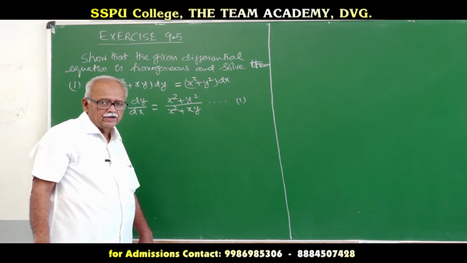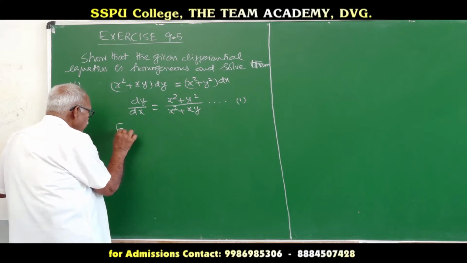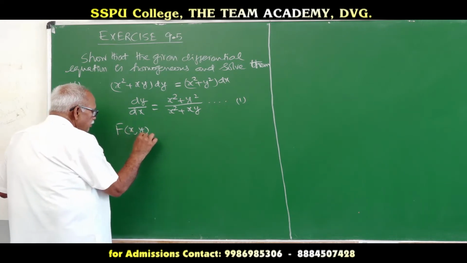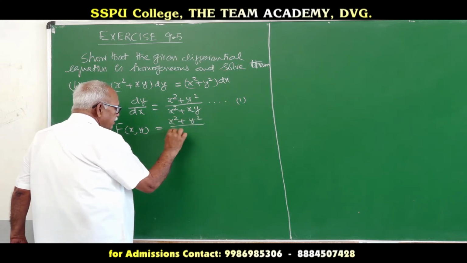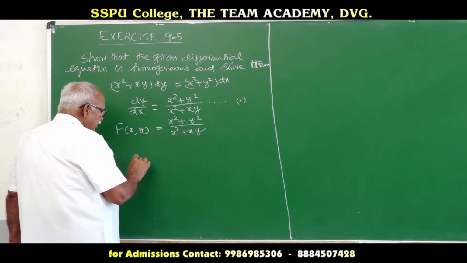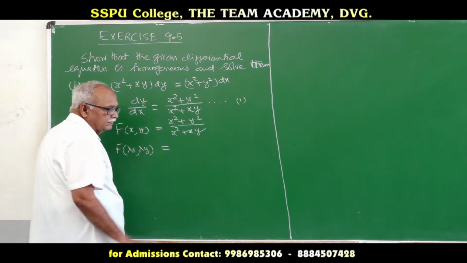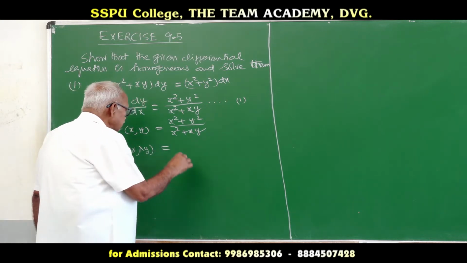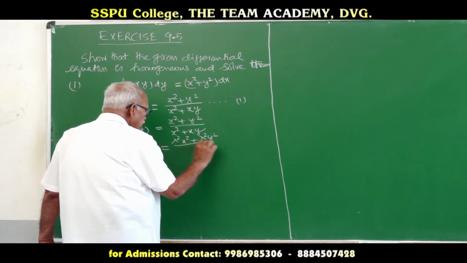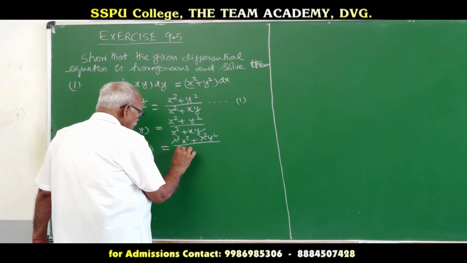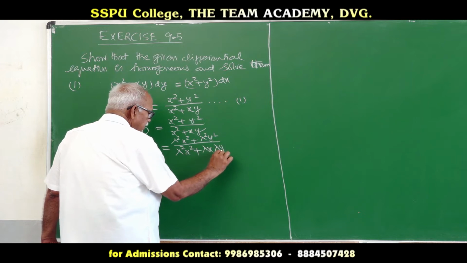First we have to prove it is a homogeneous differential equation. For that, f(x, y) = (x² + y²)/(x² + xy). Now calculate f(λx, λy). f(λx, λy) is (λ²x² + λ²y²) divided by (λ²x² + λx·λy).